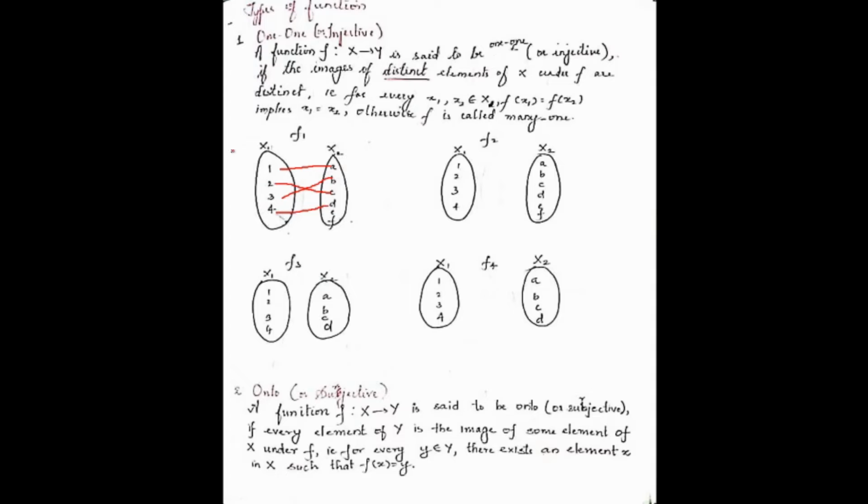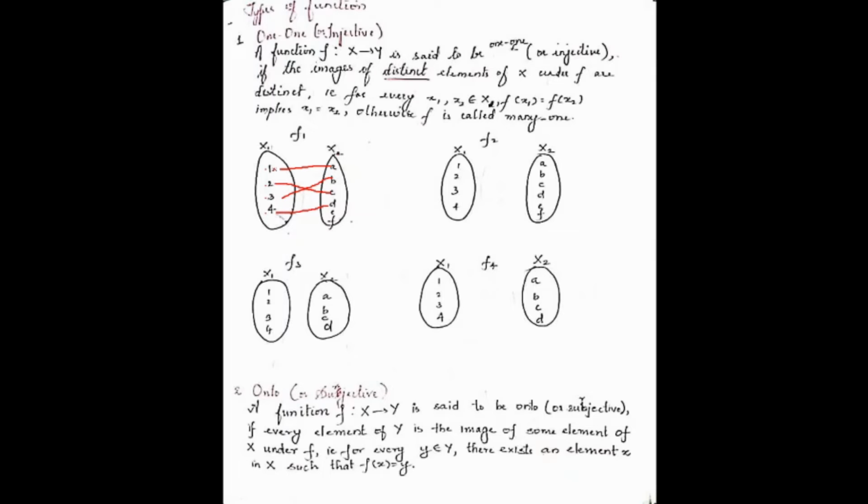If this is x1 and this is x2, so this is the first set. Okay. See, the images of distinct elements of X: 1 is distinct, 2 is distinct, 3 is distinct, 4 is distinct.